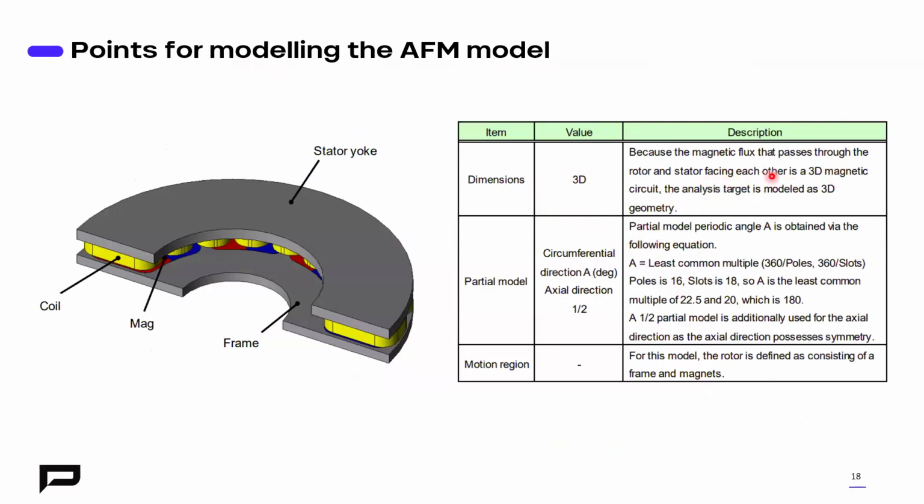So it is a 3D magnetic circuit, and it is modeled as a 3D geometry. To reduce the simulation time, we have taken it as a partial model, though we can consider a full model also. And the rotor is the rotating region here. So these are the points.